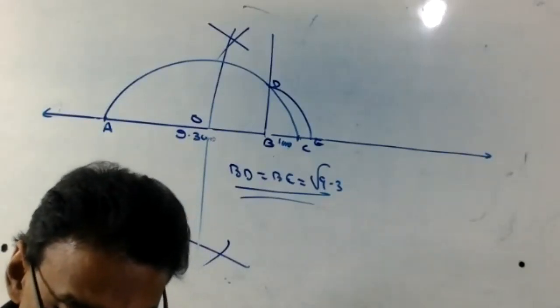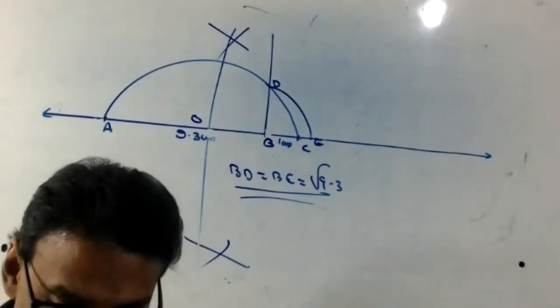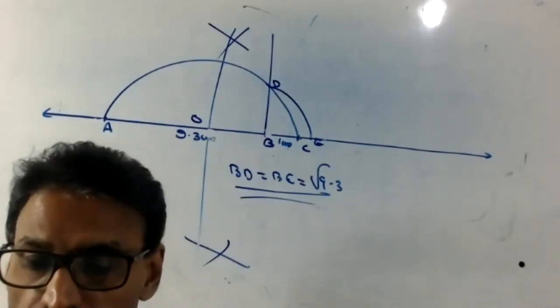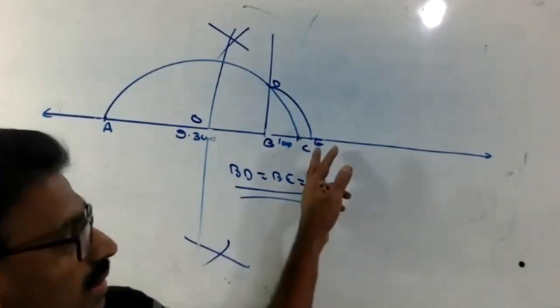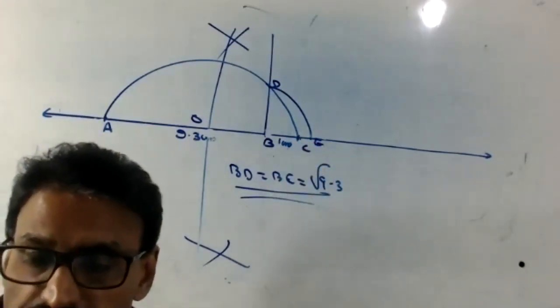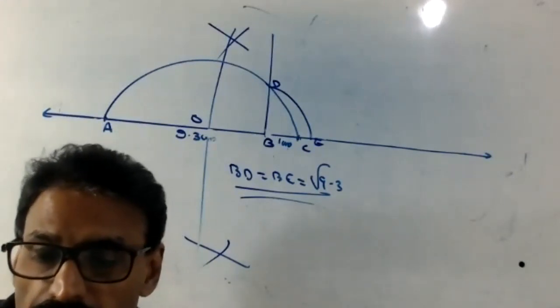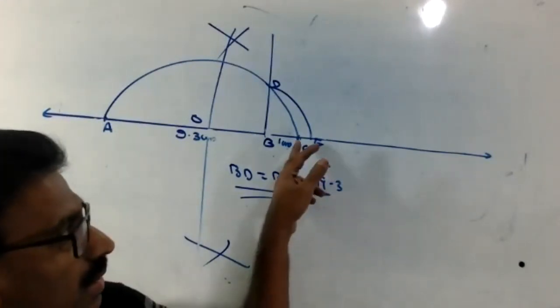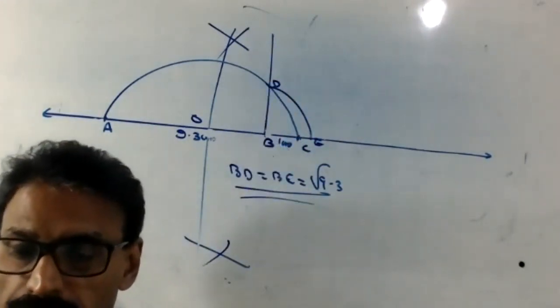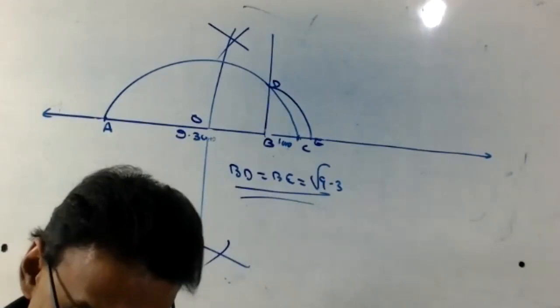You didn't mark D. No D. Then how can you find out? This is C, man. I told you C, no. In the steps it is C. How come D is marked at 1 centimeter? Here is C, here is D, as per our steps. Okay. Others.